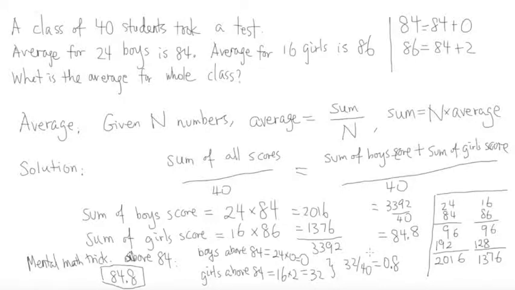So for these type of average problems, maybe we can set a benchmark, in this case 84, and see how far away the average is from the benchmark. For the girls, it's slightly higher, and you do this multiplication, and in the end, you see the average is 0.8 higher than the benchmark 84, so the answer is just 84.8.